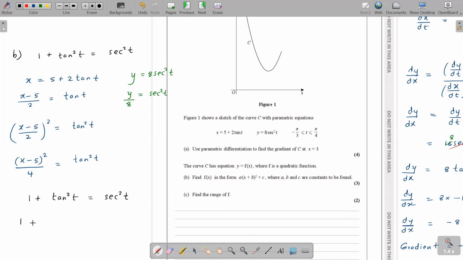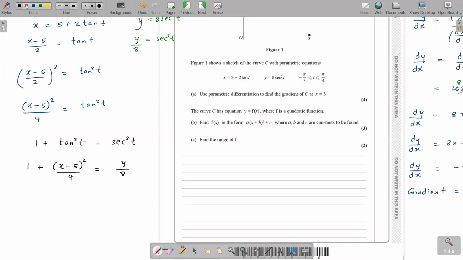So 1 plus tan square t is 1 plus (x minus 5) square over 4. Sec square t is y over 8. And now what's the format? They wanted to make y the subject, which means what? Multiply the whole equation by 8.